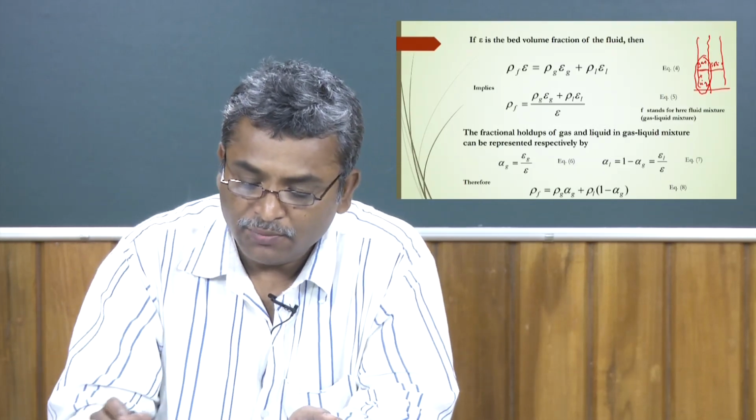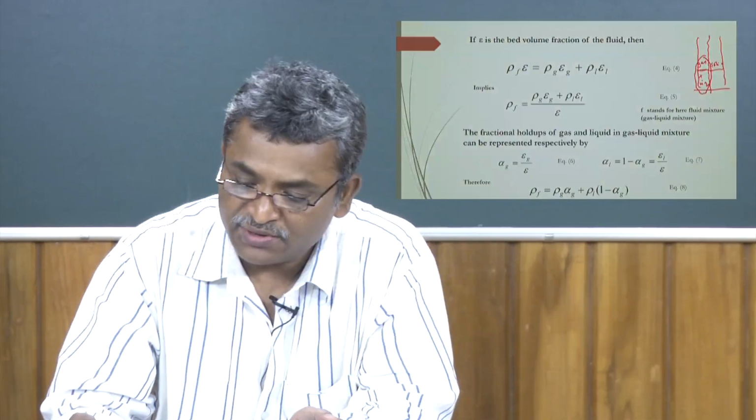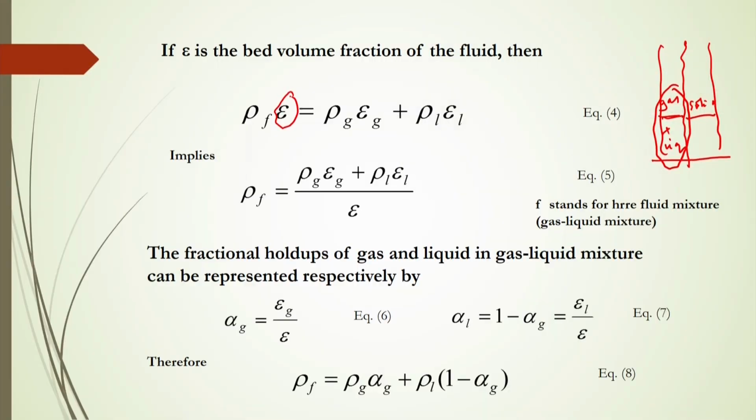If we represent that volume fraction of the gas and liquid as epsilon, then we can say rho_f times epsilon, where rho_f is nothing but the composite mixture density of the gas and liquid only.